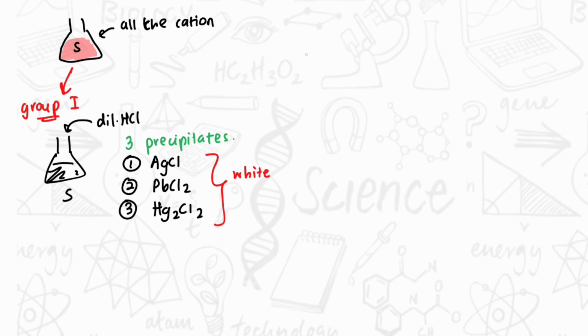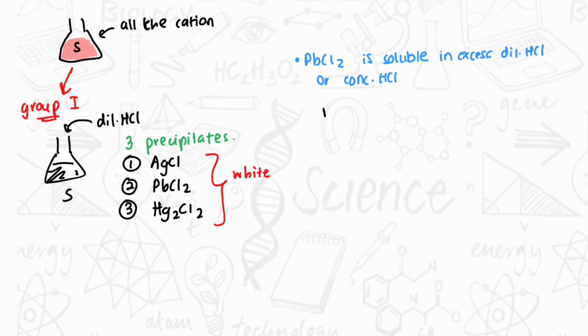There is an important thing we need to know about lead chloride. Lead chloride is soluble in excess diluted hydrochloric acid or even concentrated hydrochloric acid.